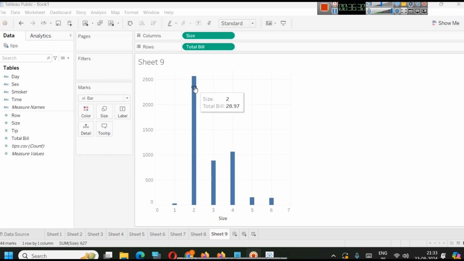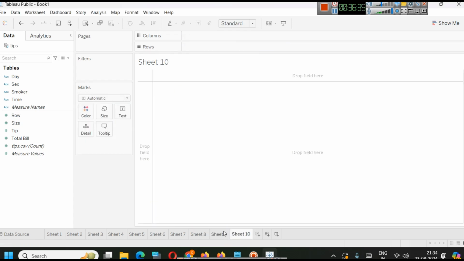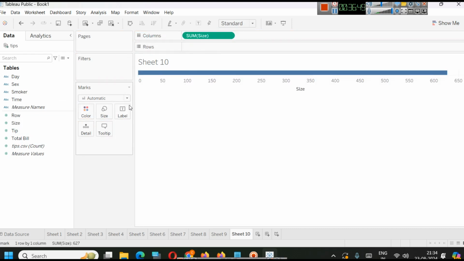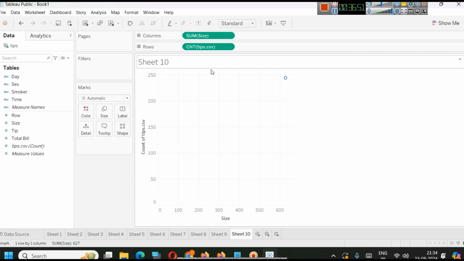But what we can see, out of 240 people, okay, let's get the count also. Now how can we get the count of this? So if we drag size here, we got size and we got count.